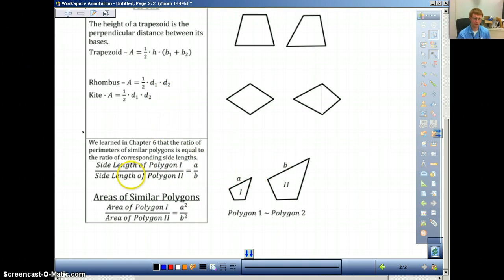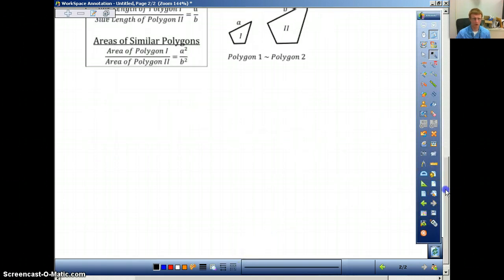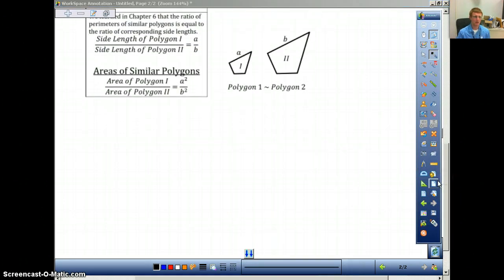So we can say the same thing about the area of polygons. It's just a little bit different with regards to the formula that we're going to use. What this is saying is that if we take the area of our first object and the area of our second object, and take the ratio of those two, remember ratio means division, this divided by this.